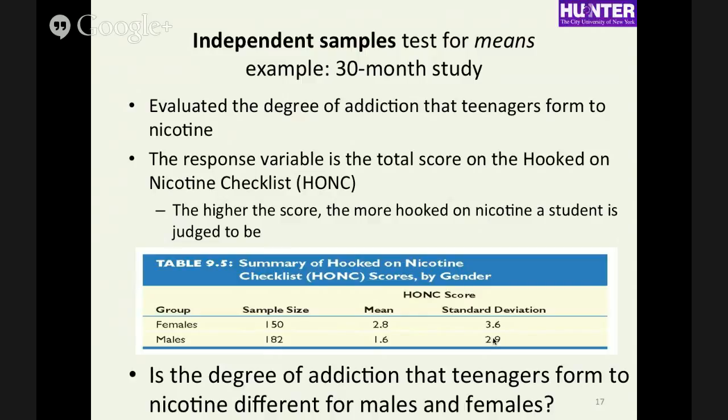We have two independent samples, and a continuous variable we can estimate the mean and standard deviation for. So we could test a hypothesis to answer the question, is the degree of addiction that teenagers form to nicotine different for males or females?